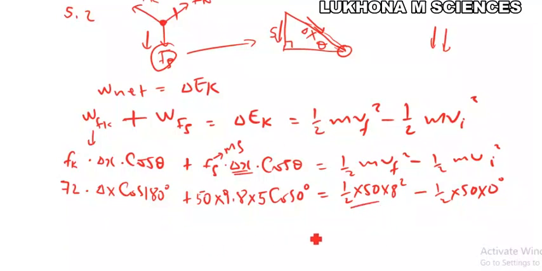We have here 1600. Then here let's press calculator, then we get 2450. Then when we press calculator we get minus 72 delta x.